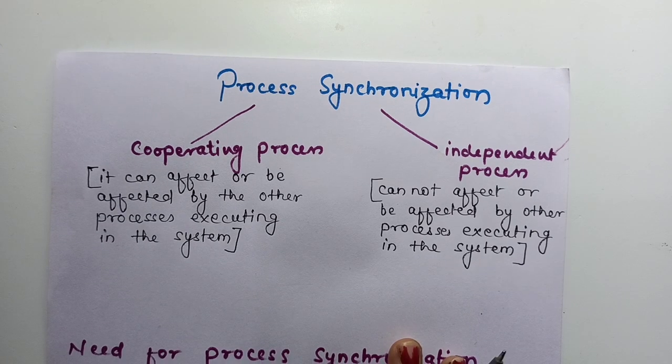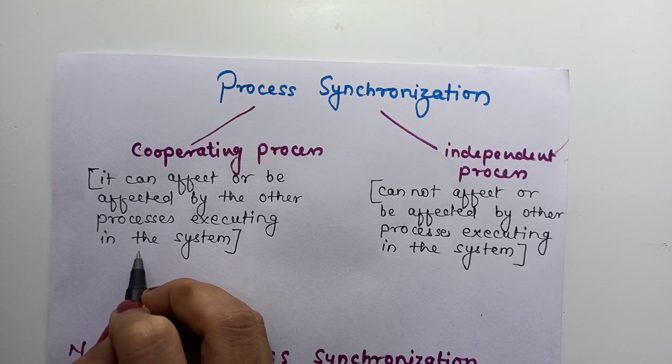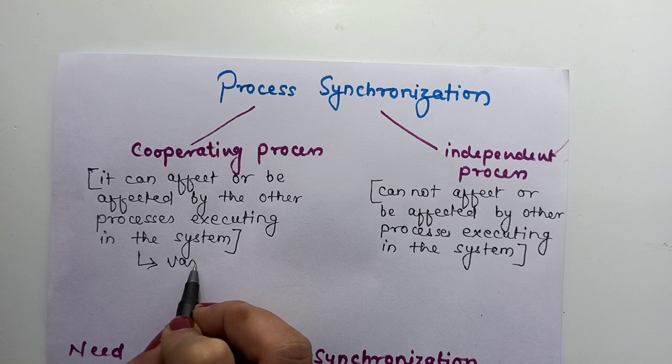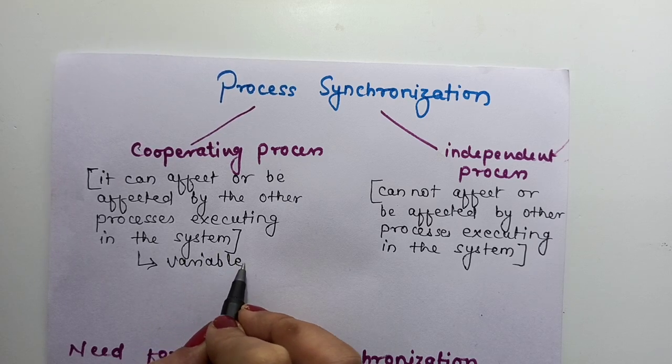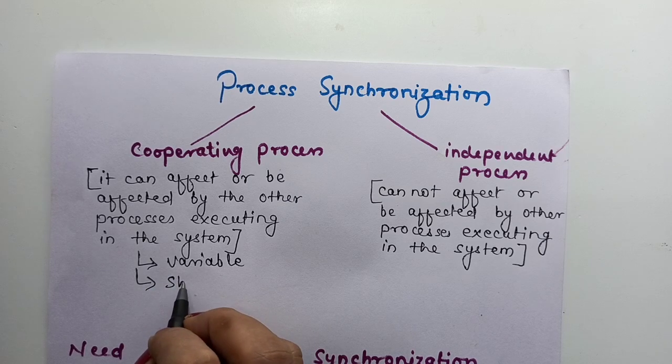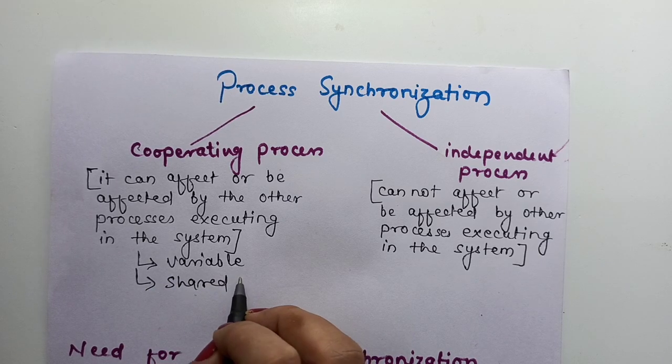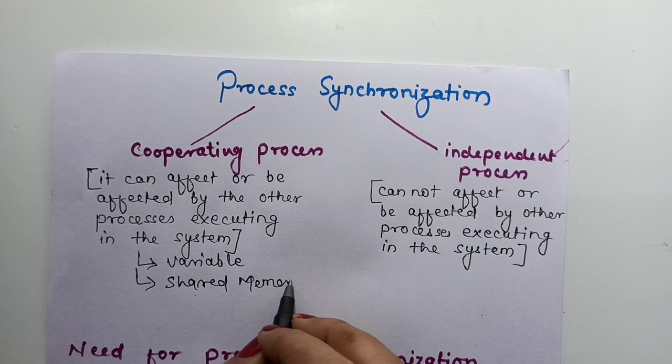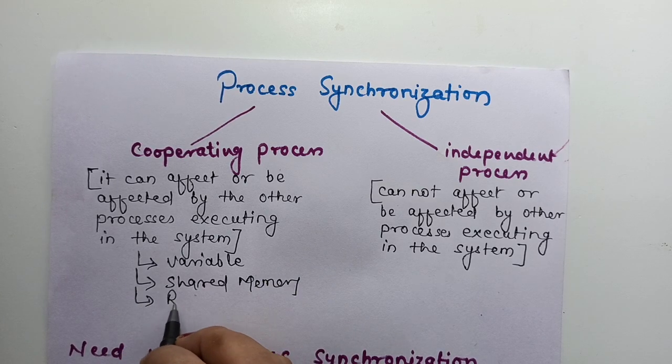So these cooperating processes can be sharing any variable declared as a global variable, or it can be shared memory, a small portion of memory which is shared by these two processes, or it can be a resource which is shared among these processes.